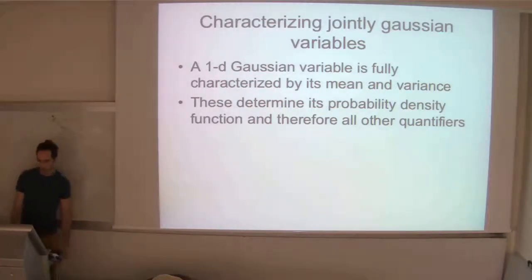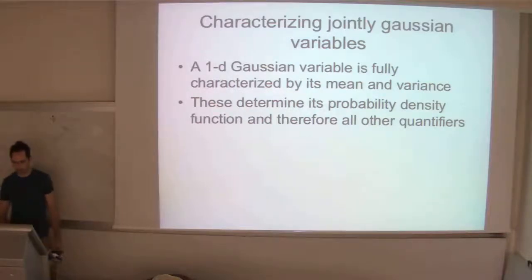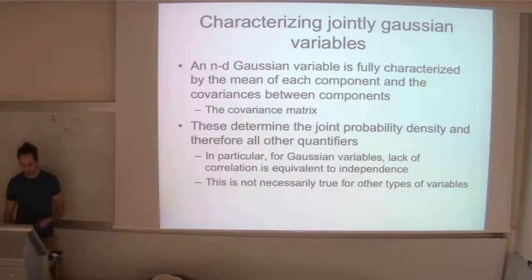So a one-dimensional Gaussian variable is fully characterized by its mean and the variance, and this determines its probability density function and therefore all other quantifiers, just as you mentioned, right? It's very easy to characterize a one-dimensional Gaussian process. An nth order Gaussian variable is fully characterized by the mean of each component and the covariances between the components.